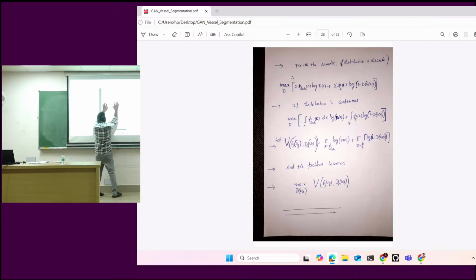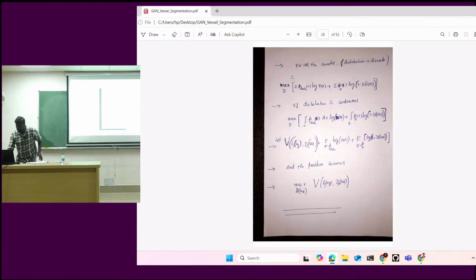This is my cross entropy, and if all the samples follow a particular distribution, the loss function can be written like this.